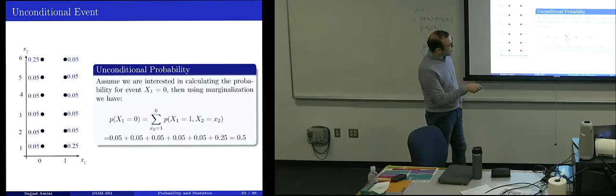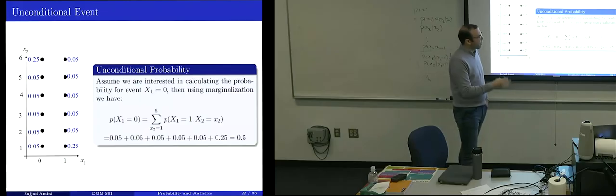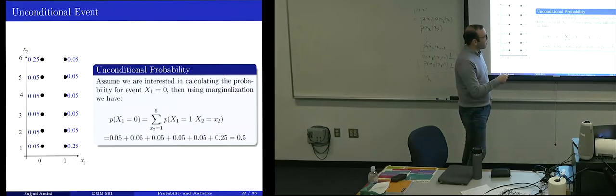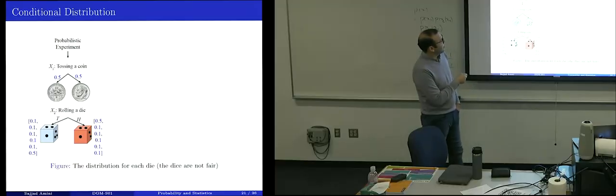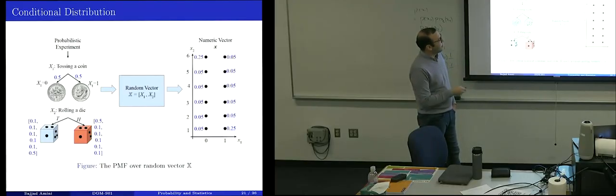If I sum them, I have 0.5. If I do not have any information, the marginalized probability over the coin is fair, as you see in the experiment itself.